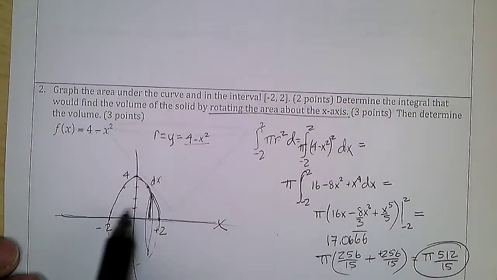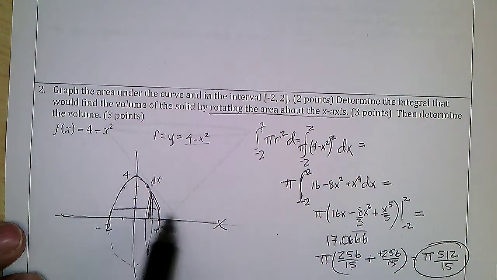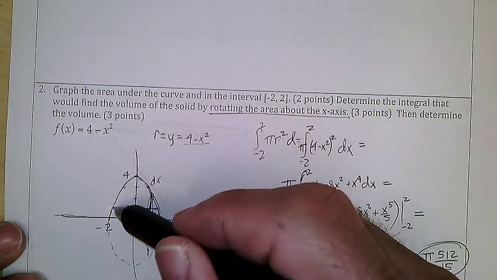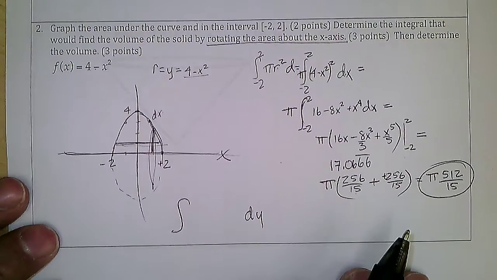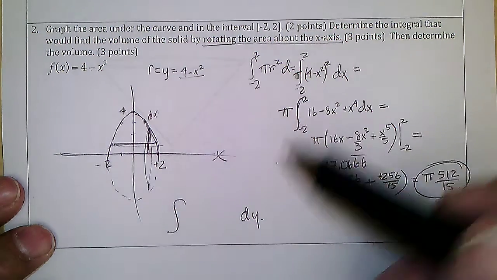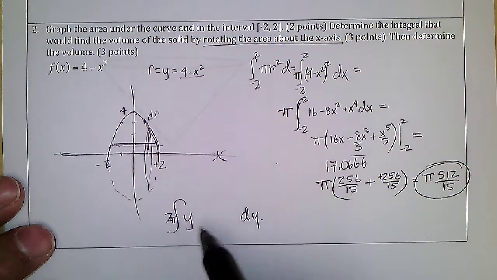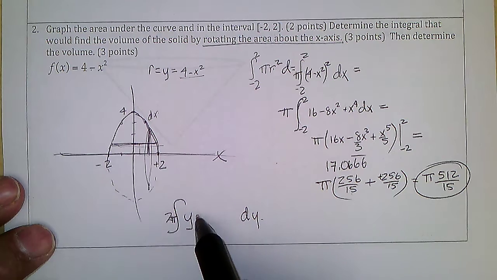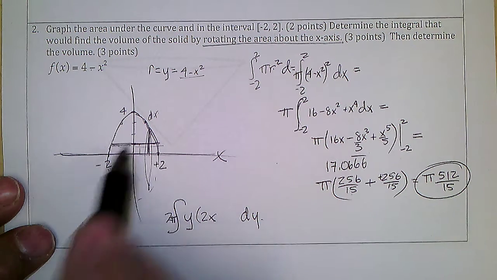Okay, if I did it with the shell method, I'll just set this one up. Then I would be integrating. The thickness of the shell would be dy. And so then I would have the thickness dy times 2 pi. The radius would be y. That's how far up it is to this. And the height would be x times 2.